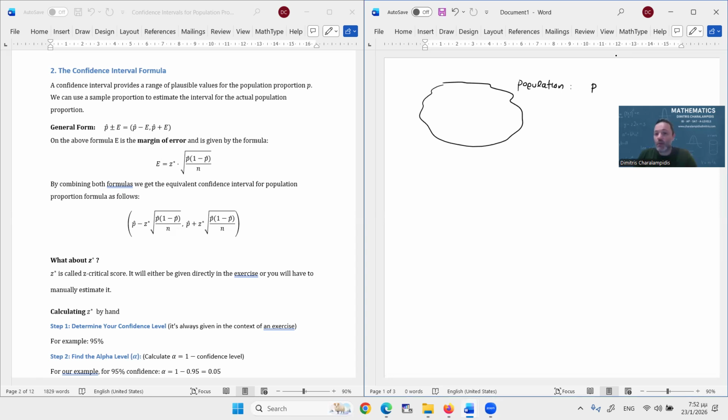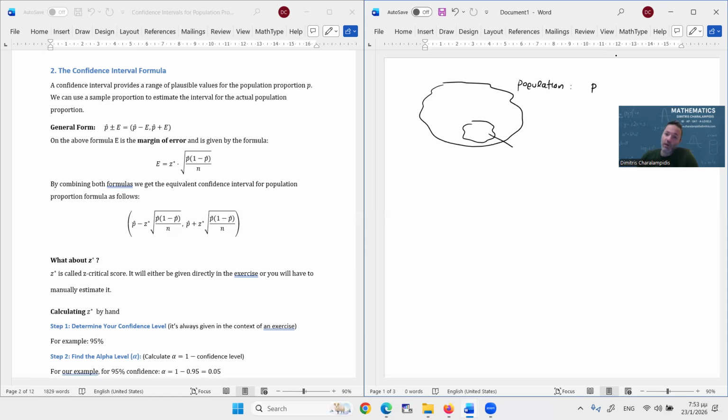Since this population has a significantly huge number of individuals, we would have to spend a lot of time and money to check them one by one. We know that what it takes is just one sample.